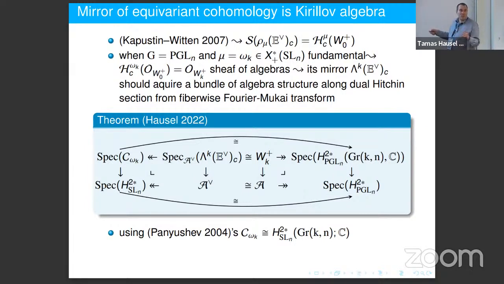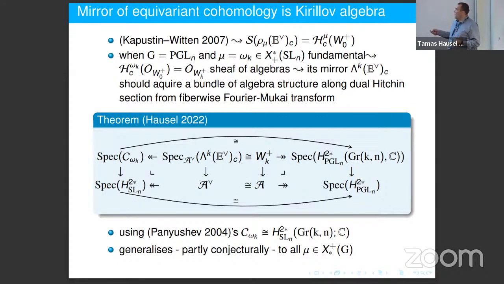But in this case, the minuscule and cominuscule varieties agree. But for example, types B and C are actually different varieties, but they turn out to have the same equivariant cohomology ring. So we can still use Panyushev's result in that case. And so we have the same diagram in the minuscule case for any other types.